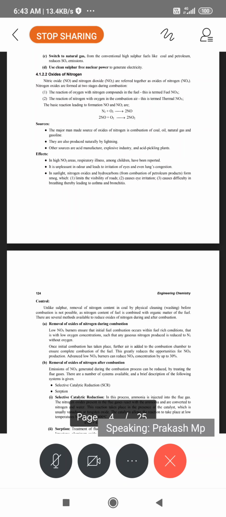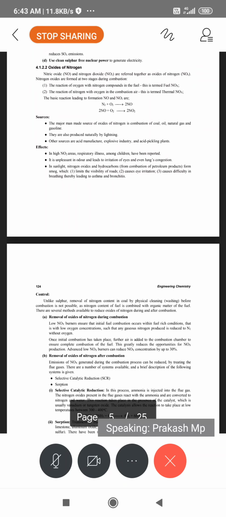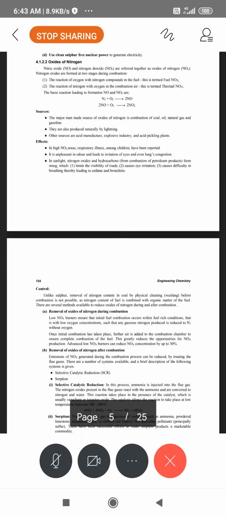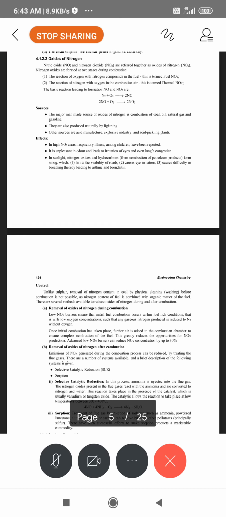Due to the formation of primary and secondary pollutants, these are very troubling to us. Nitrogen dioxide is a reddish brown irritative gas and a toxic substance. It is produced in the atmosphere by incomplete combustion of fuels.